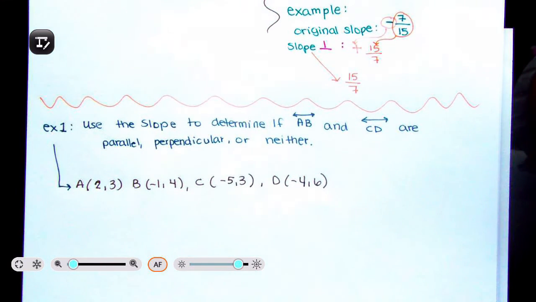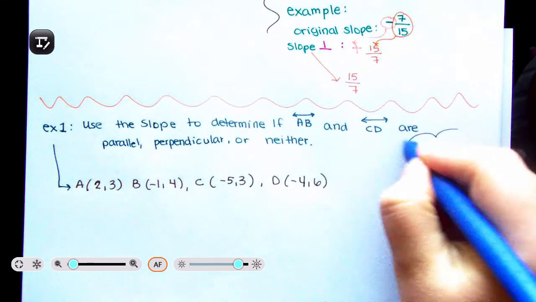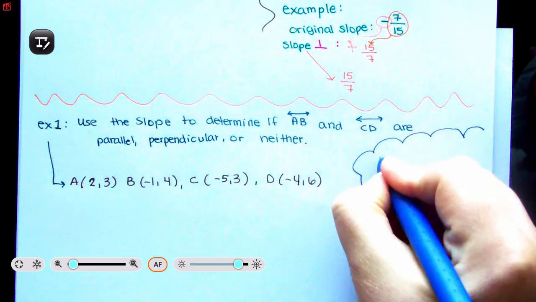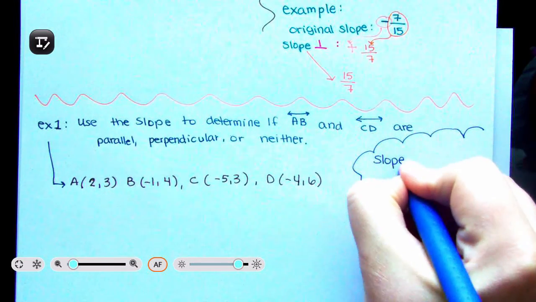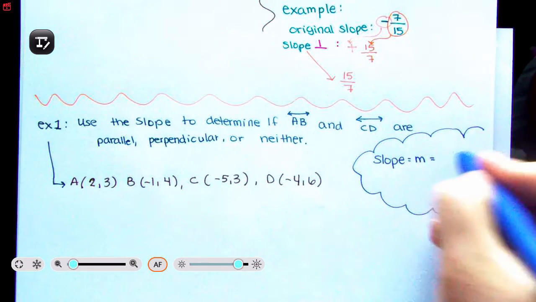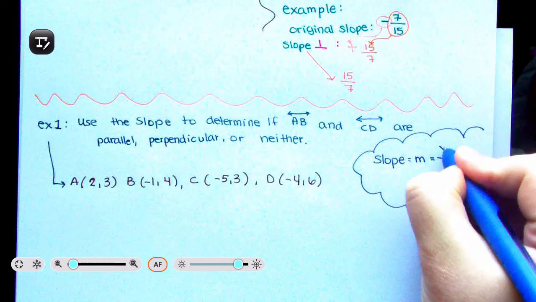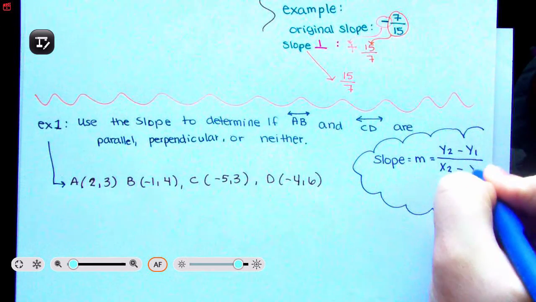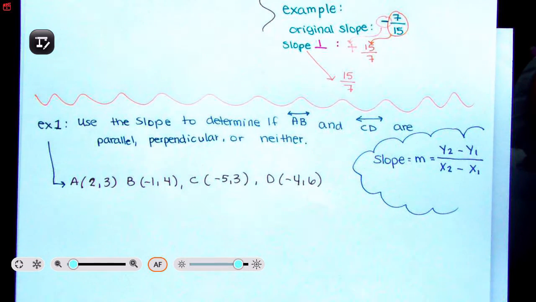Okay, the first thing we're going to review is that we need to know what our slope formula is. Recall that slope is a lowercase m, and it is y2 minus y1 over x2 minus x1. So it's your change in your vertical over your change in your horizontal.